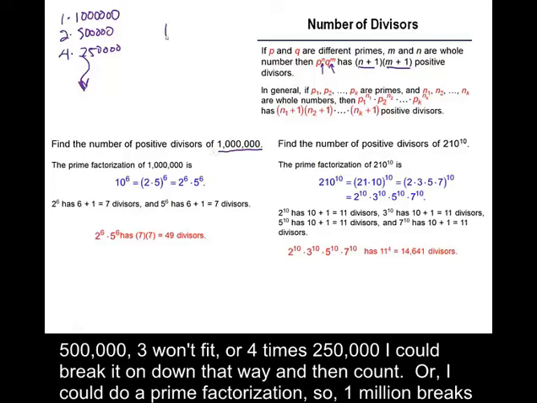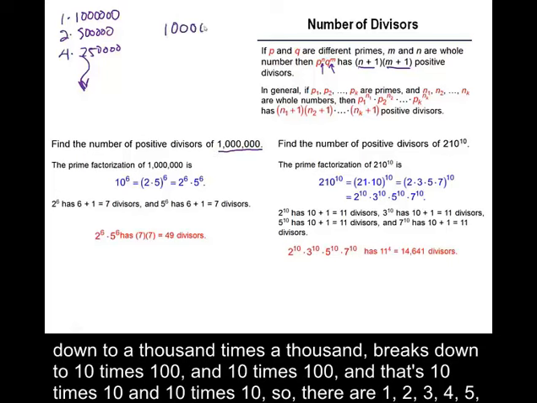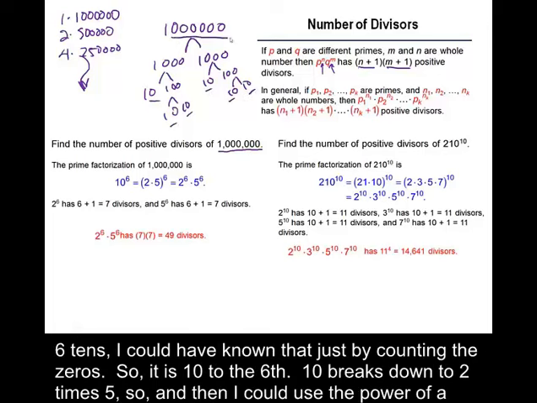So 1,000,000 breaks down to 1,000 times 1,000, which breaks down to 10 times 100 and 10 times 100, and that's 10 times 10 and 10 times 10, so there are 1, 2, 3, 4, 5, 6 tens. I could have known that just by counting the zeros. So it's 10 to the 6.